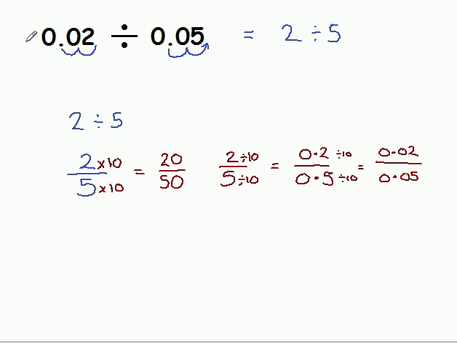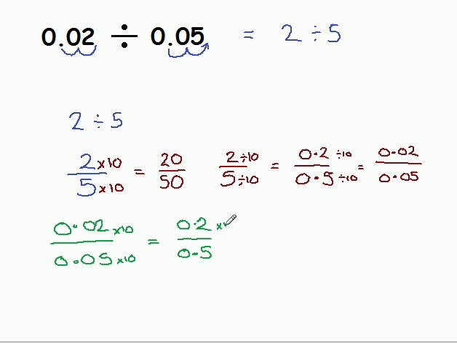And if we reverse that process, we can see that the same thing happens going from 0.02 over 0.05. We can times by 10 there, times by 10, and we're going to get 0.2 divided by 0.5.